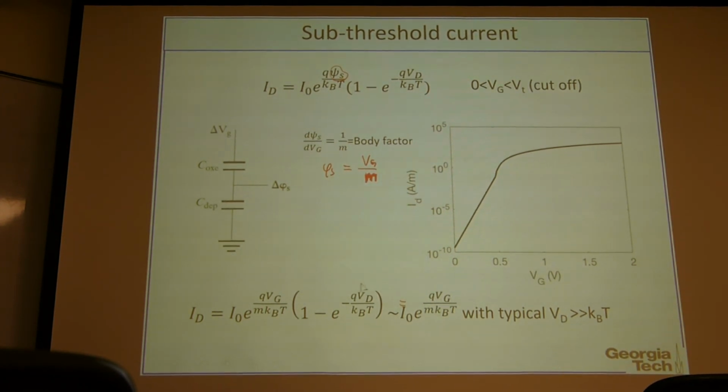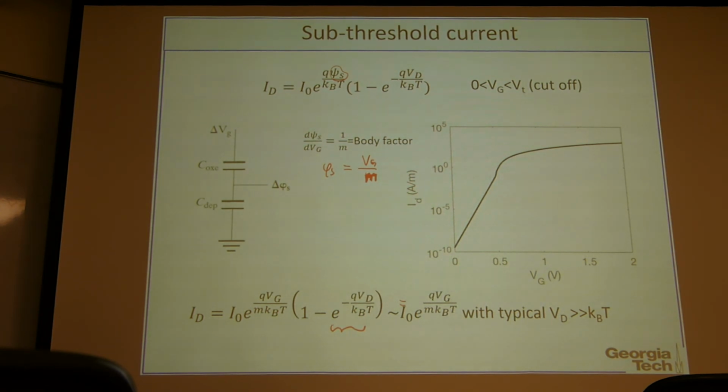And typically, if the drain voltage is larger than kT, where kT is the thermal voltage, like 26 millivolts, which is typically true, then you can look at this term, because it's exponential to some negative number.